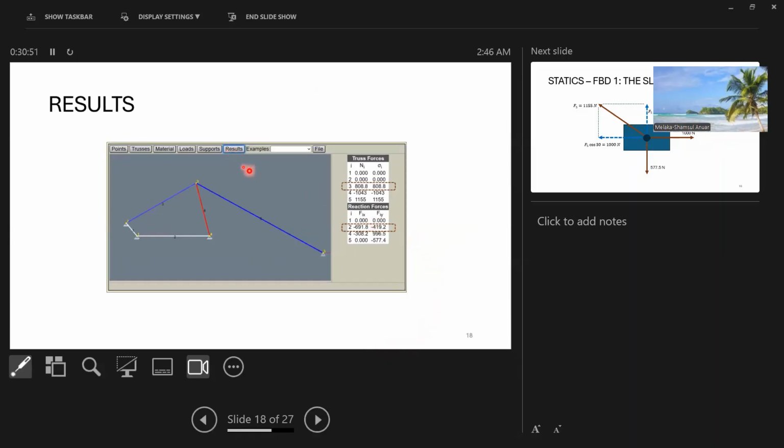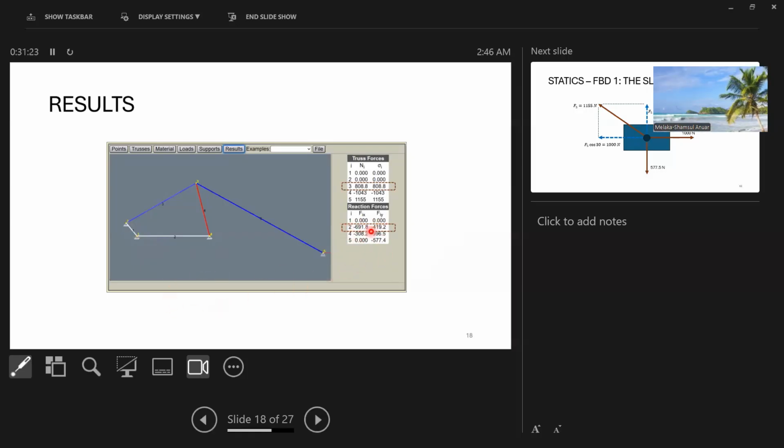So when we click on results, we get the thrust, which is the amount of force inside the two-point or binary link, and also the forces at point 2, which is at the tip of the input link, AB.